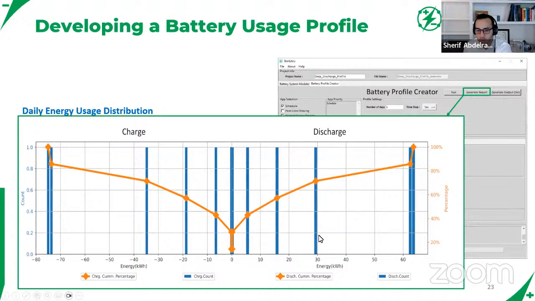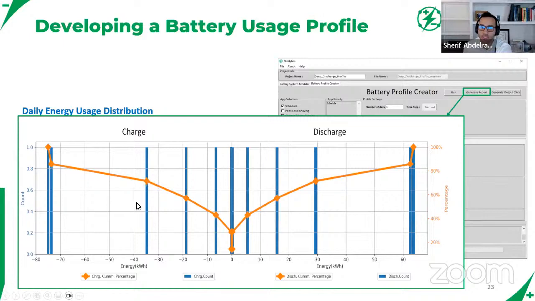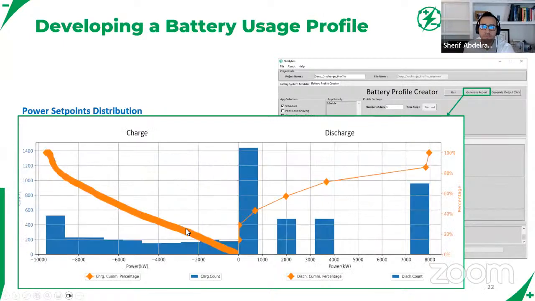So I was using this charging panel or discharging panel for this example, but it also applies to charging as well, right? You want to recognize when you start getting diminishing returns and design based on that inflection point, if there is one. Same goes for power for sizing your inverters, right?